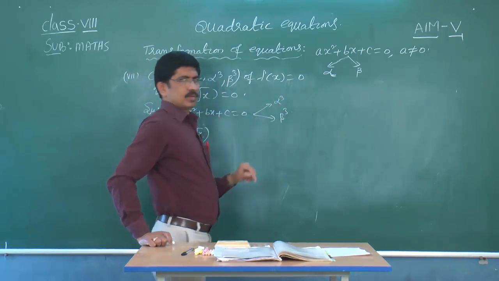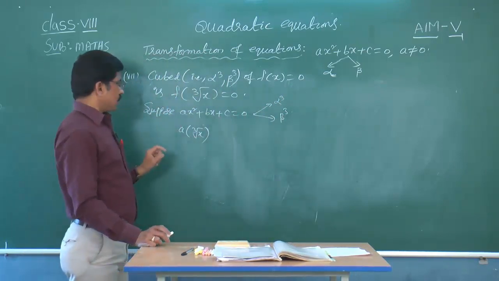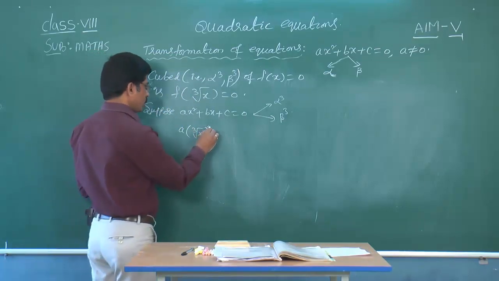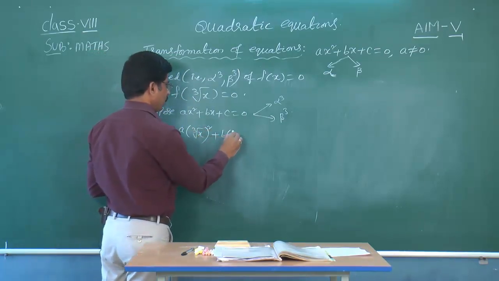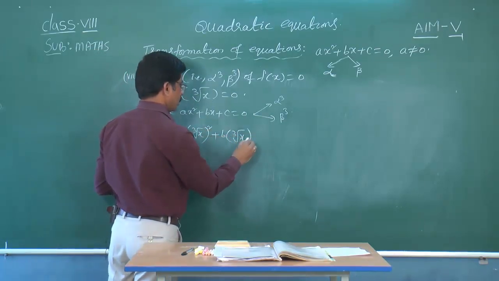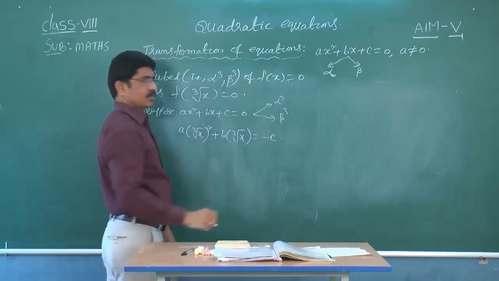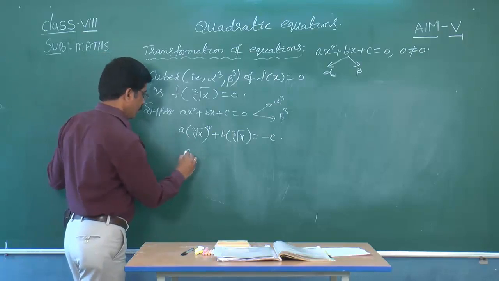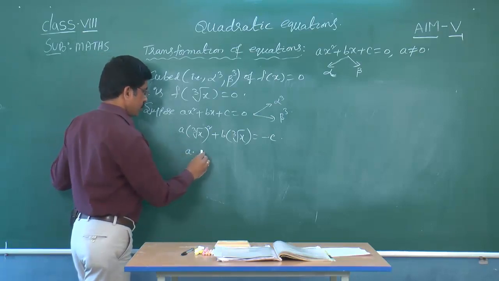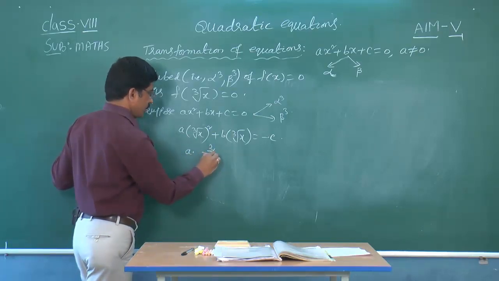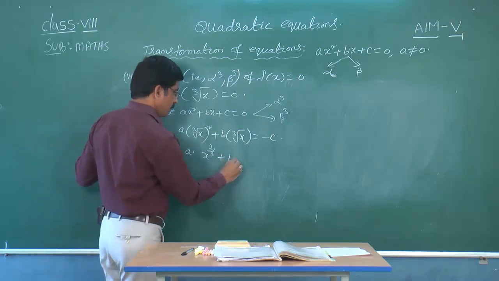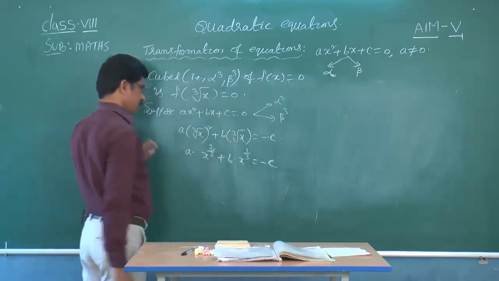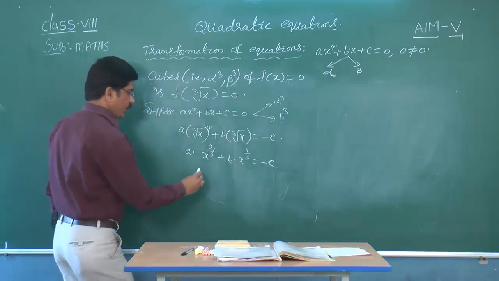We take the equation a into cube root of x whole square plus b into cube root of x is equal to minus c, sending c to the right hand side. That is, a into x power 2 by 3 plus b into x power 1 by 3 is equal to minus c. Now cubing on both sides.